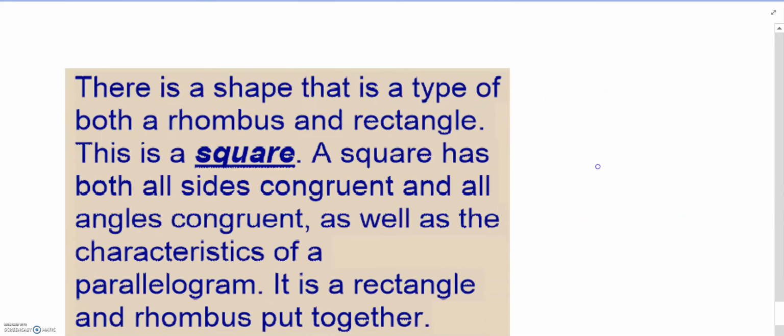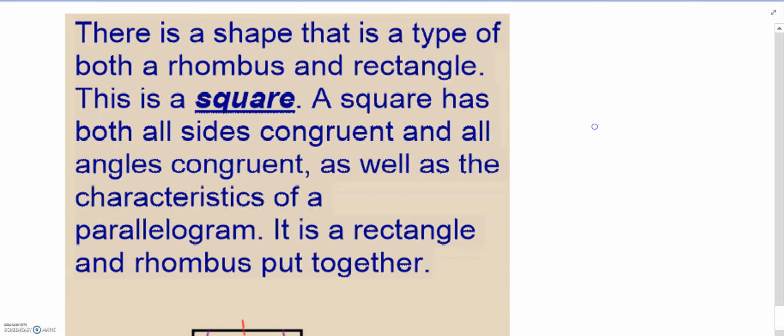Next and last is a square. And I always think about it, if a rhombus and a rectangle had a baby, they would have a square. So it is both a rhombus and a rectangle. It has all the attributes of both.